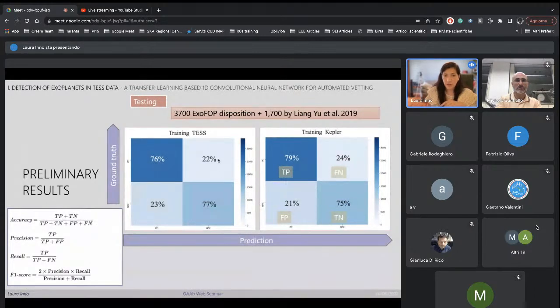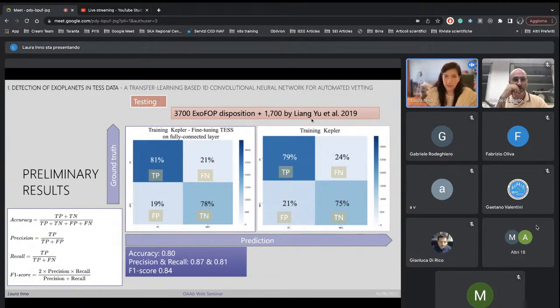The color code is the absolute number of planet candidates or non-planet candidates, while the percentage is the relative number of true positives, true negatives, and so on. The first example is a net that was only trained on the TESS data, and this is a net that was only trained on Kepler data.